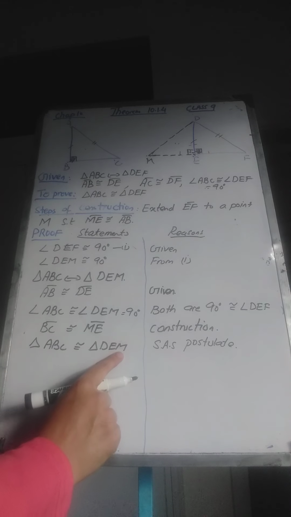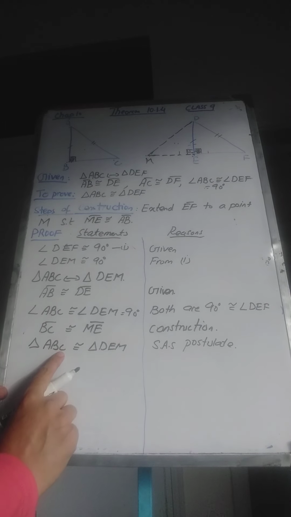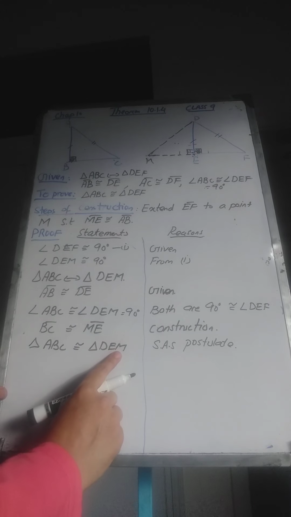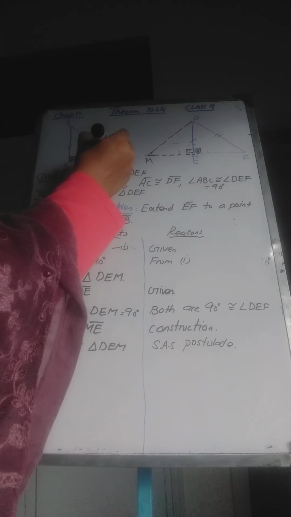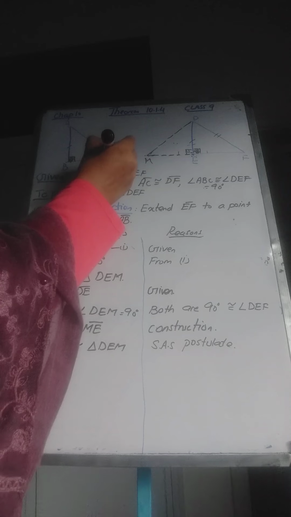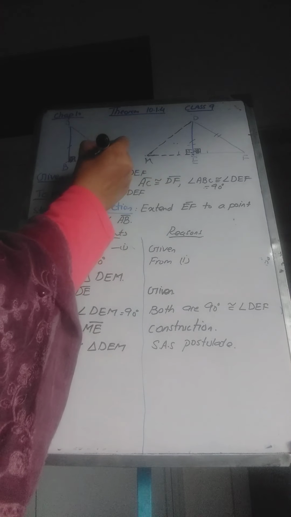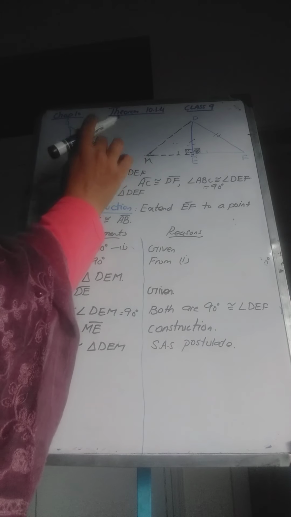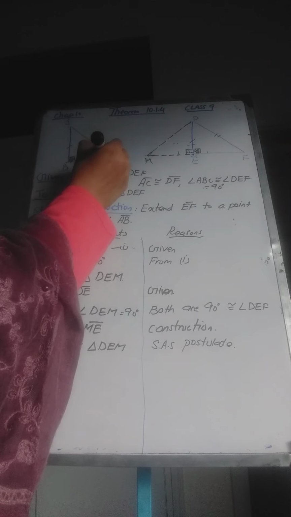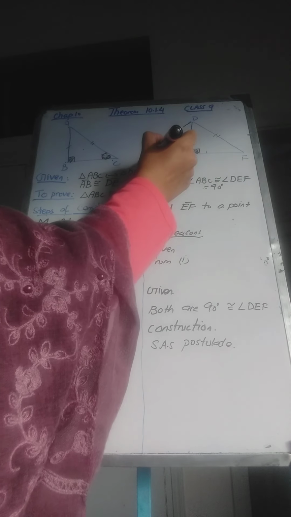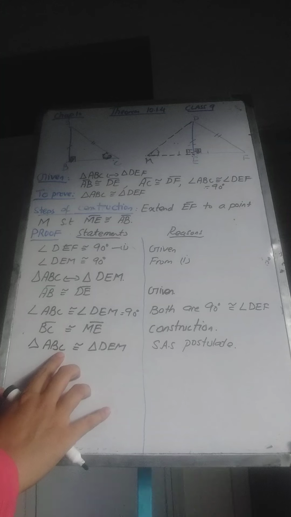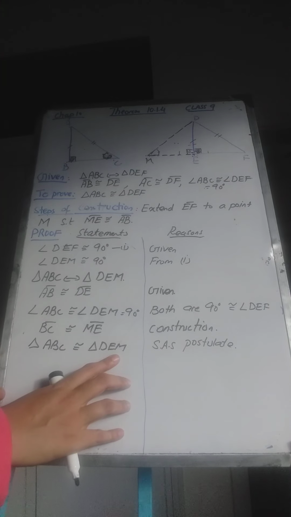Now as these triangles are congruent, it means the angle at the vertex C will be congruent to the angle at the vertex M. That is, this angle will be same as angle M, because corresponding to C we have the point M here.